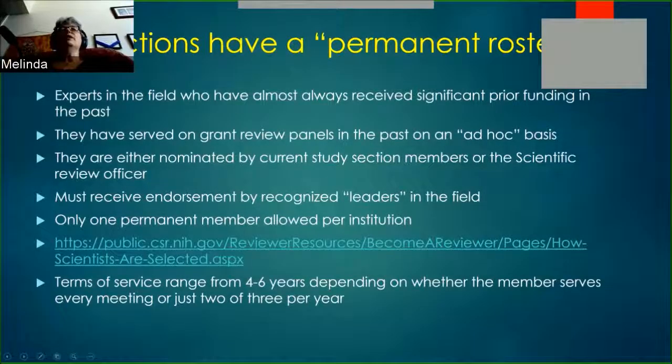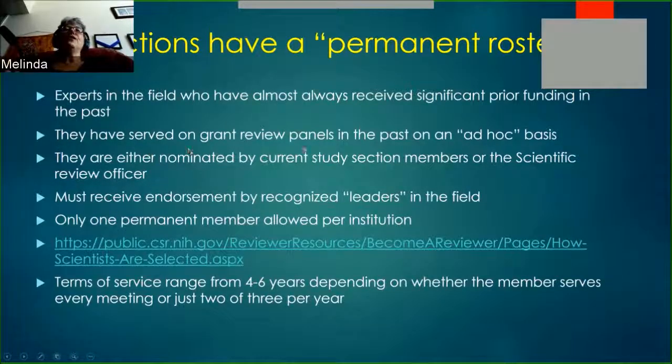Now, when you click on the study section roster, standing study sections all have what are called permanent rosters. To be on a permanent study section roster, you are an expert in the field, and you have almost always received significant prior National Institutes of Health funding in this area.